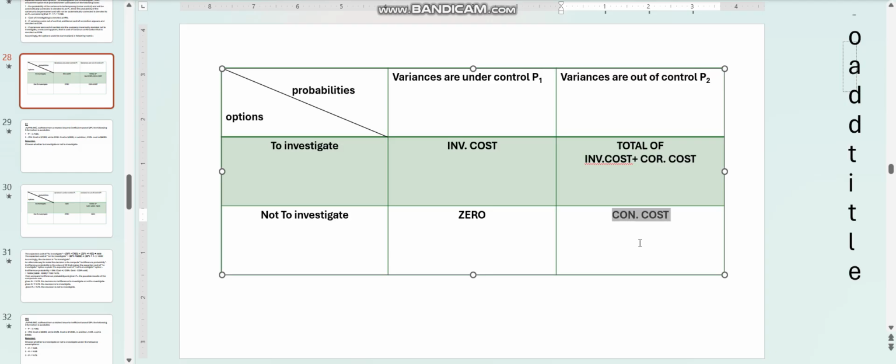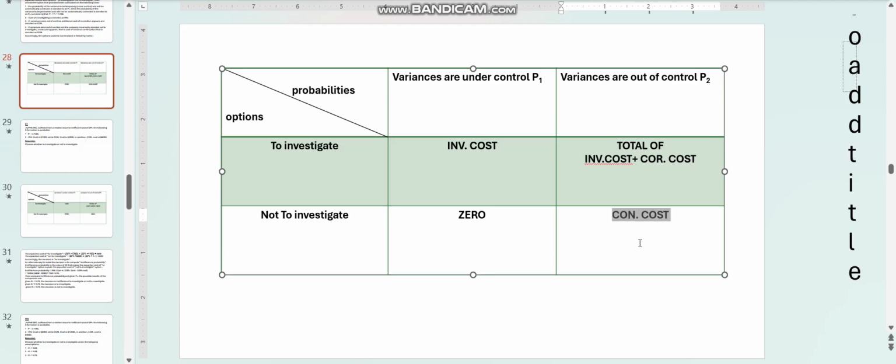So after filling the four cells of the table, the next step is to compute the expected cost of both options, the expected cost of to investigate option and the expected cost of not to investigate option.